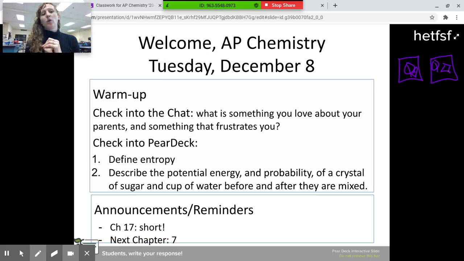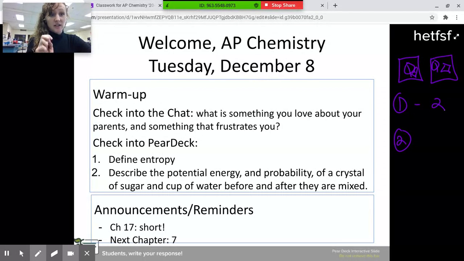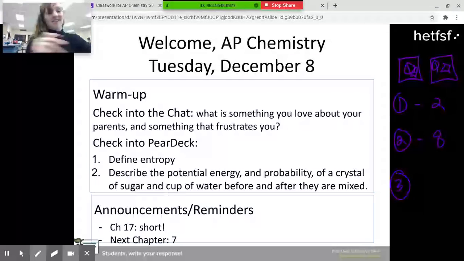Okay, so what if you just have 1 card? How many different ways could you order it? Two ways, right? If you just have the Queen of Hearts, it could be face up, it could be face down. So there's 2 different ways you can order 1 card. With 2 cards, there's 8 different ways you can order it. What about with 3 cards?